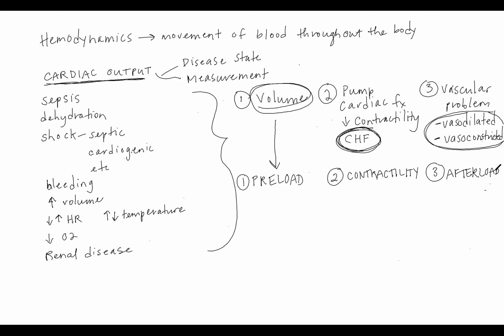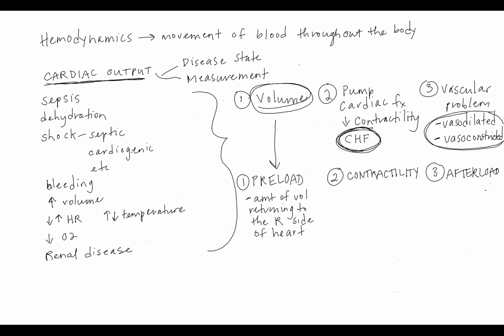So preload very simply means the amount of volume, or blood, returning to the right side of the heart. So what I'm measuring when I look at preload is how much blood is being circulated and delivered back to the right side of the heart.